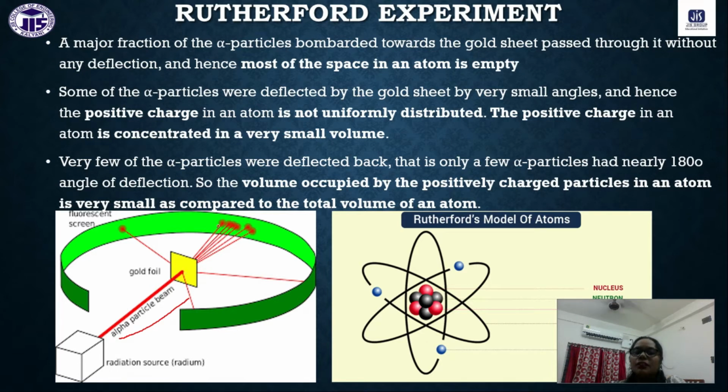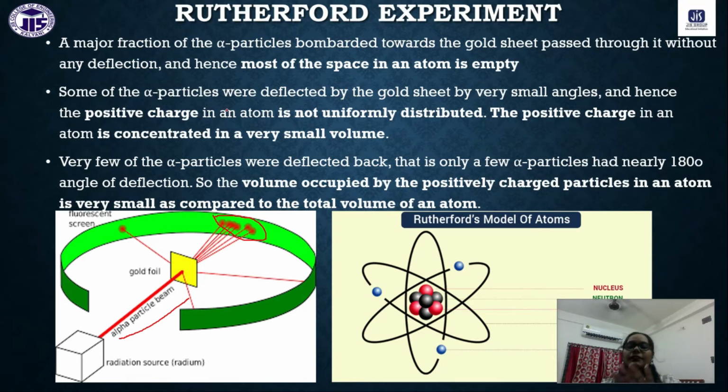Most alpha particles passed straight through, very few were deflected from their path, and one or two alpha particles returned back at 180 degrees.